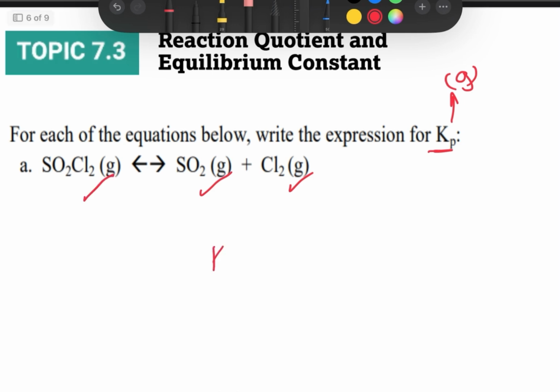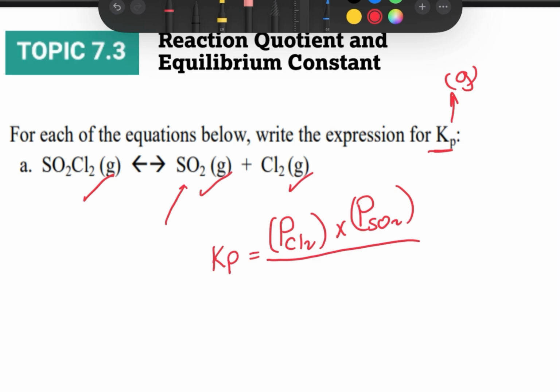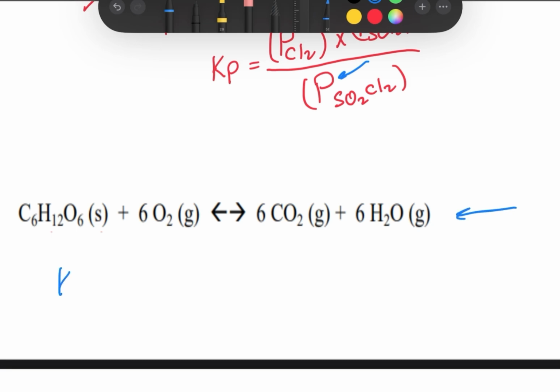Then the Kp is equal to the partial pressure of Cl2 multiplied by the partial pressure of SO2 over the partial pressure of SO2Cl2. Do not forget to put the P's, the partial pressure, for all reactants and products if they are in a gaseous state. Let's write the Kp for this reaction.